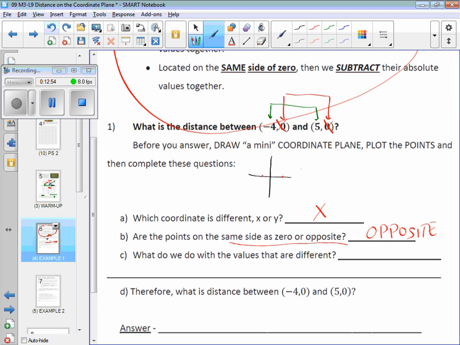And according to Carson, when the signs are opposite, what do you do to the two numbers? Add. Right, so I'm going to take my 4. I don't care about the fact that it's negative. I'm going to take the absolute value. 4 plus 5 is 9. They're 9 units away from each other. Oh, this is add. And this is 9. Got it?